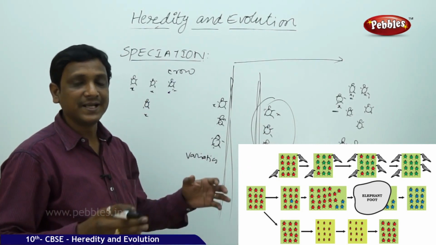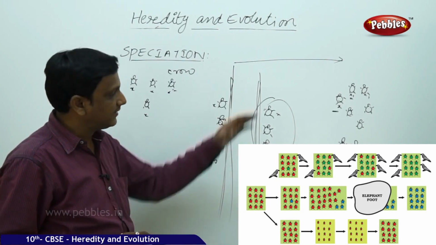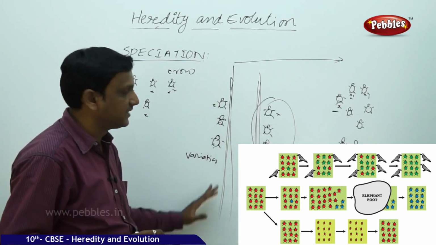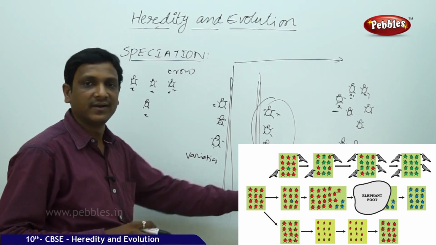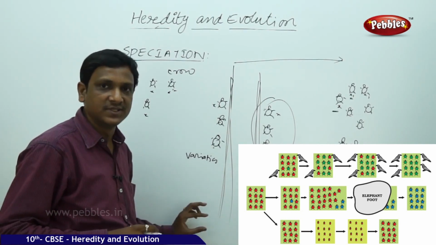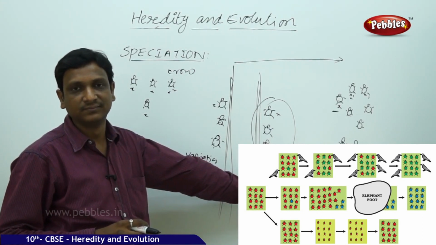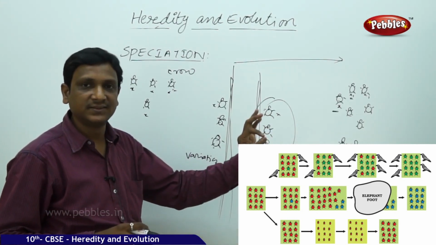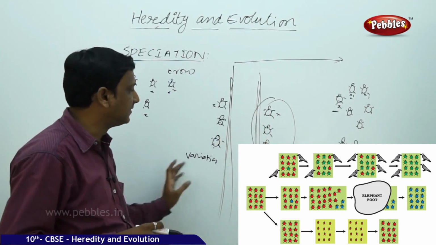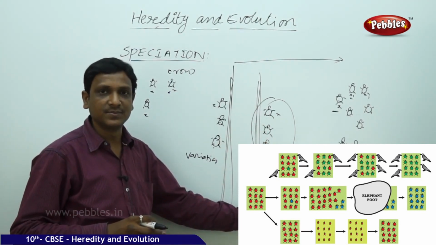So the variations get accumulated, different variations here and different variations there. So the sperm cell of this cannot fuse with the egg cell of that organism. If such a state is identified, you can consider them separate species.